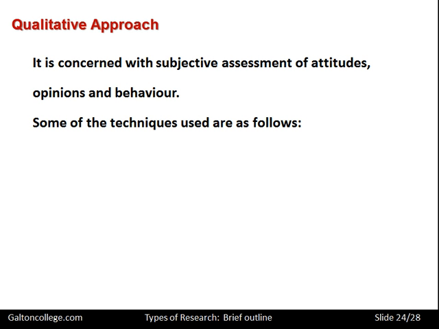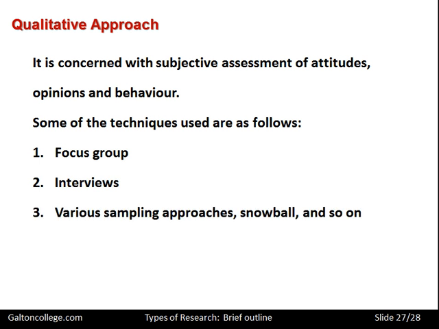Some of the techniques used in this type of approach are, for example, focus groups, looking at the opinions of people and getting them into focus groups and questioning them and seeing what comes out of interactions within focus groups. We could pick up opinions by just interviewing them, and there are various sampling approaches.